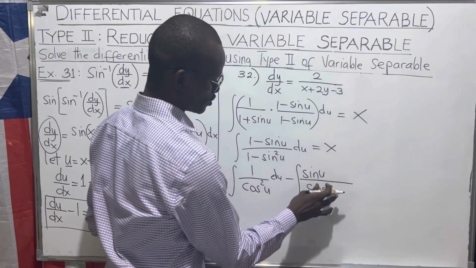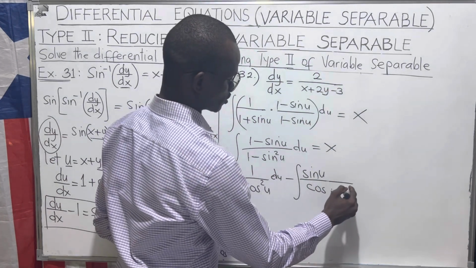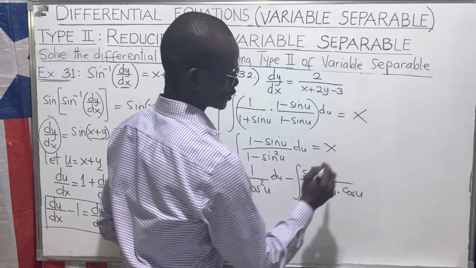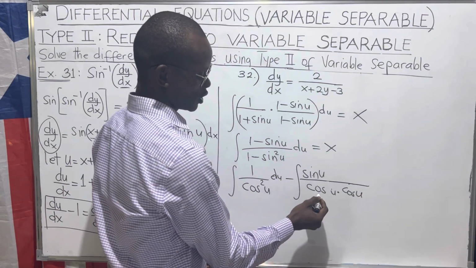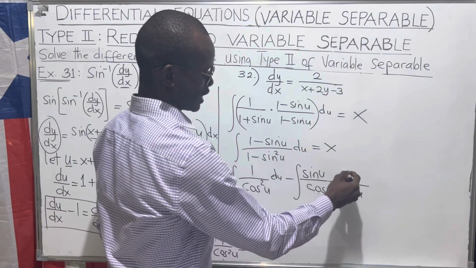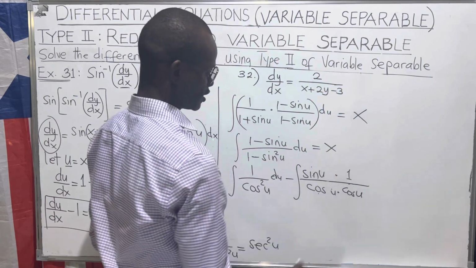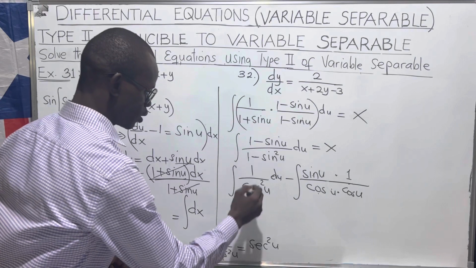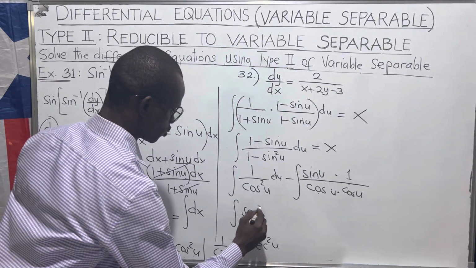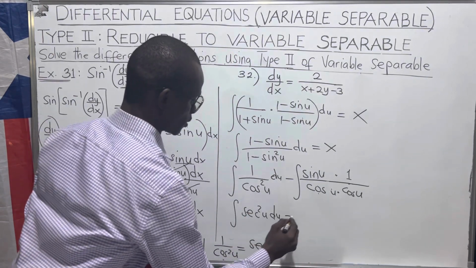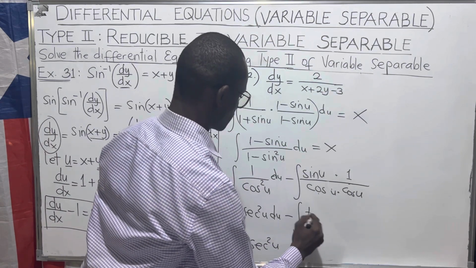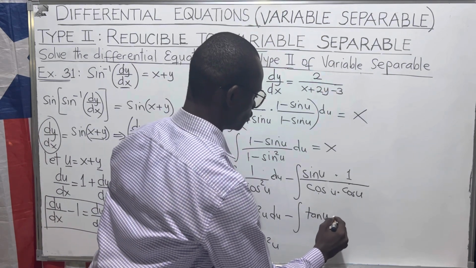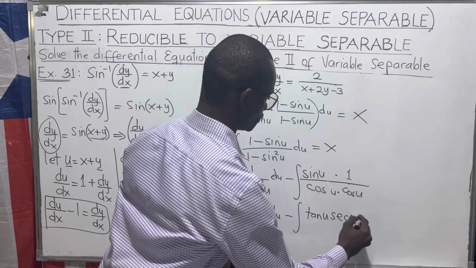This cos square u can be written as cos of u times cos of u. If you look carefully, sine over cos is just tangent, and 1 over cos is secant. So 1 over cos square u is secant square u du, and sine over cos is tangent of u, and this is secant of u du.